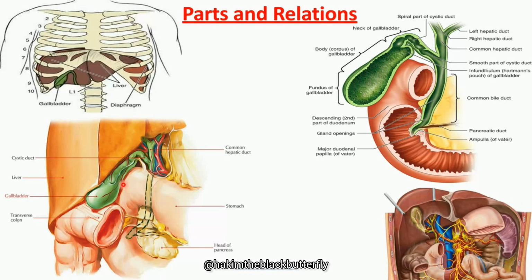So those are the relations. Here you can further see your cystic duct joins with the common hepatic to form the common bile duct that will run behind the duodenum through the posterior wall of the pancreas to join the pancreatic duct to form the hepatoduodenal ampulla, which will go through the wall of the second part of the duodenum.